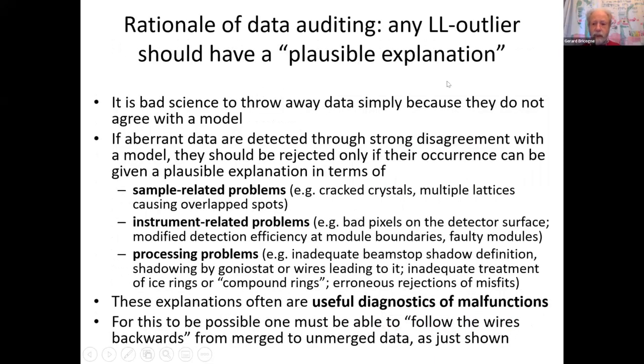So 5 minutes remaining. Okay, what's the rationale of all this? Which is that it is bad science to throw away data simply because they do not agree with the model. This is a mantra we see on the CCP4 bulletin board all the time. However, sometimes you want to get rid of perturbations introduced by strong disagreement, but to have a clear conscience, you want to make sure that you can explain their source.